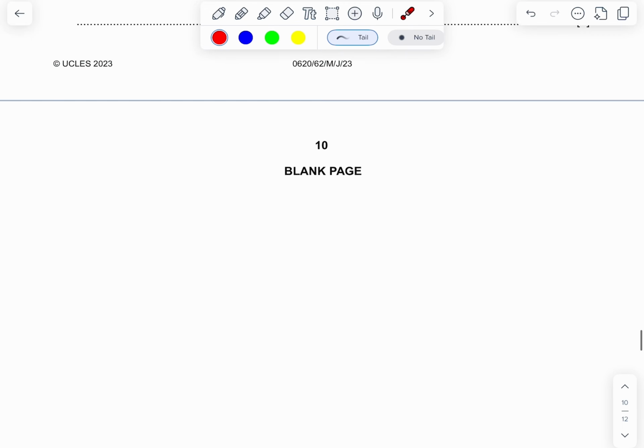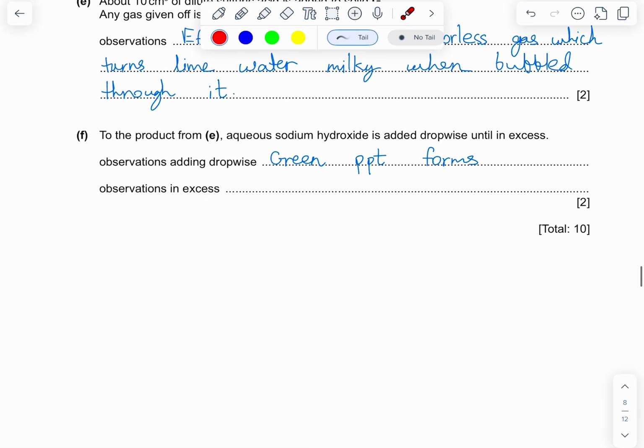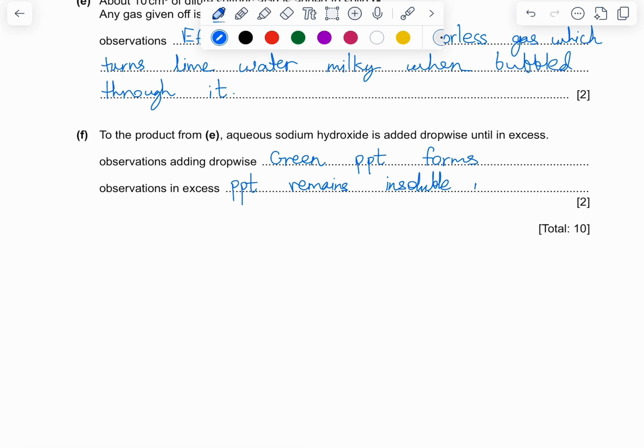The iron on the surface oxidizes, that is why it turns brown. It becomes Fe3+, but we don't have to write that down. We can just write that the precipitate remains insoluble in excess.